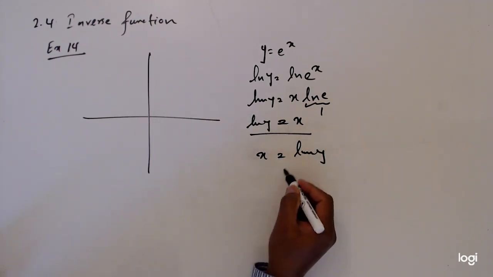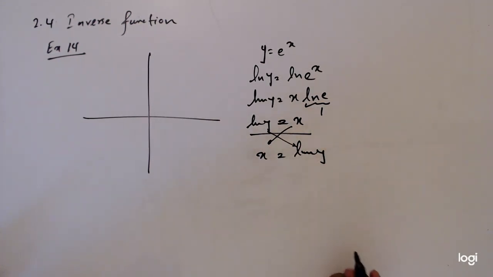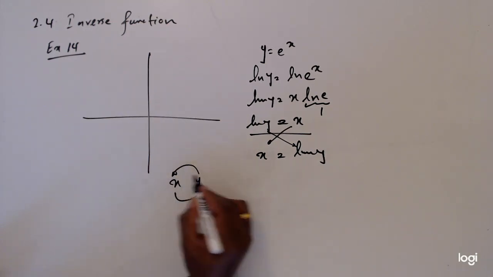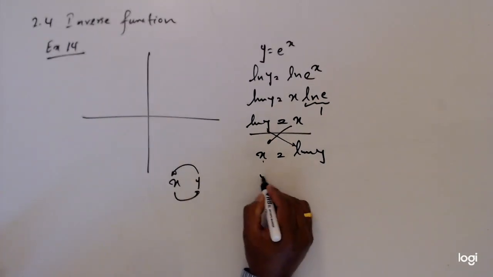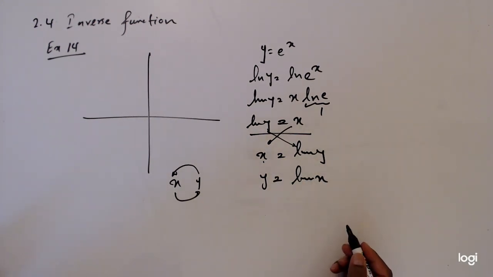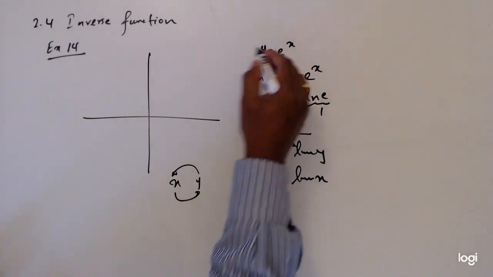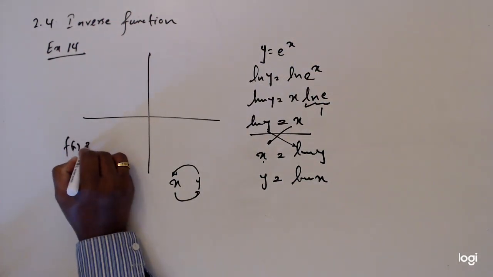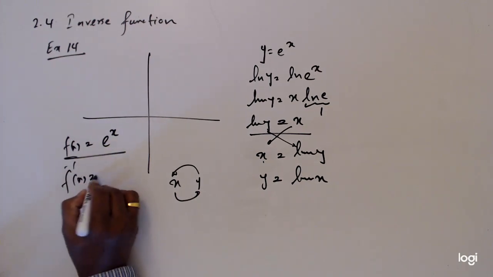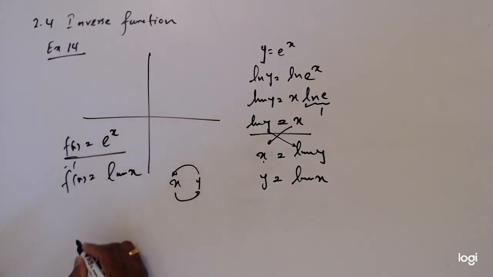Now x becomes y, y becomes x. So instead of x I put y, and this is ln x. So if f(x) is e to the x, the inverse function is ln x.